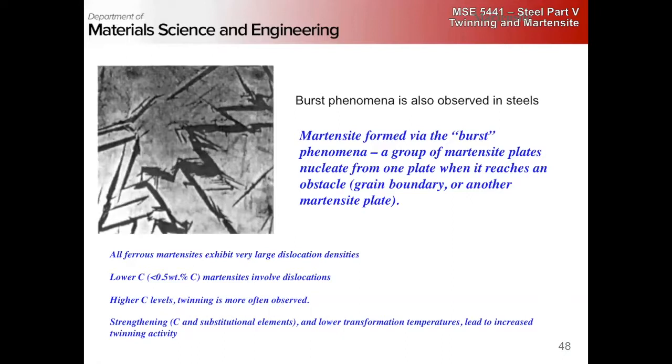What was the approximate shear for iron carbon steel for the martensite? If you go back to the very beginning, we said we had the invariant shear was about 20%, then another 10% dilatational or normal strain.